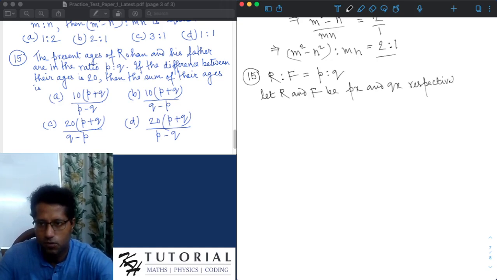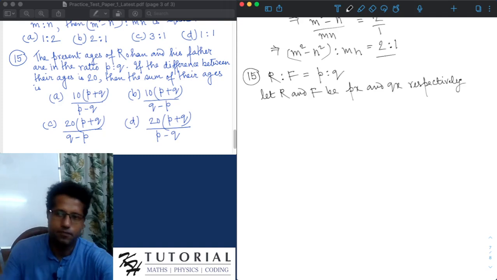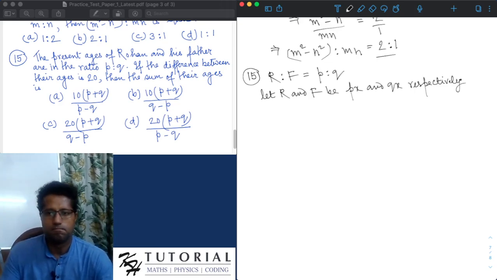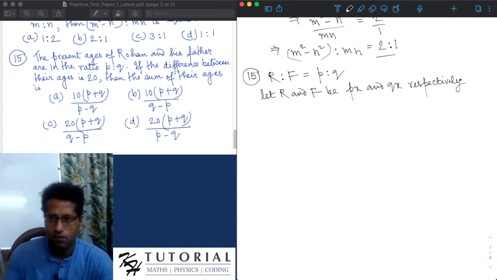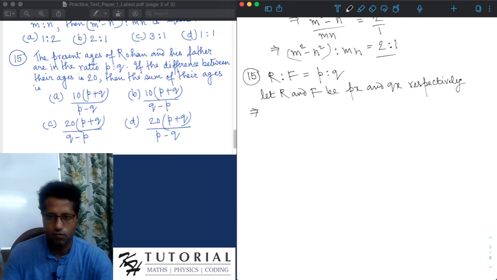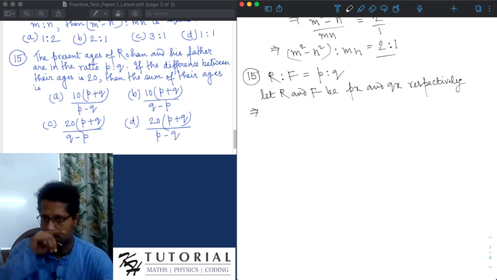So given a ratio between two quantities, we can always assume the quantities to be the terms multiplied by x. So now the present age of Rohan is Px and the present age of father is Qx.